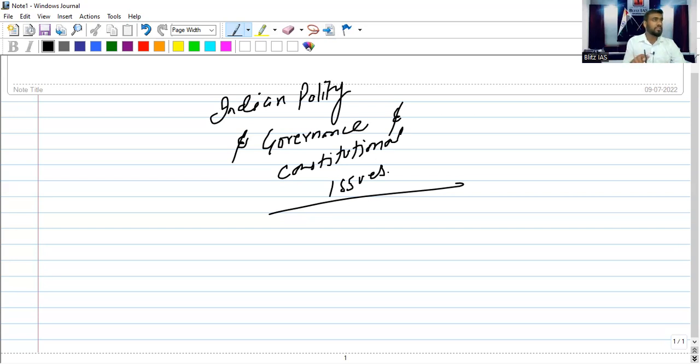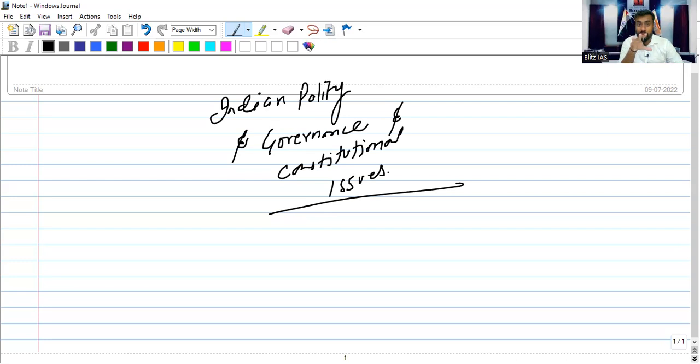By reading this module, Indian polity and governance, you will develop some strategy, and you will gain some more knowledge about different general studies papers as well. Are you getting this? On good governance you will get to write like this.